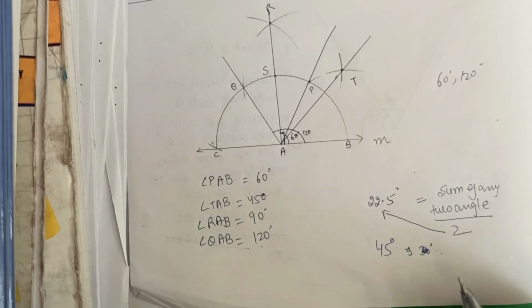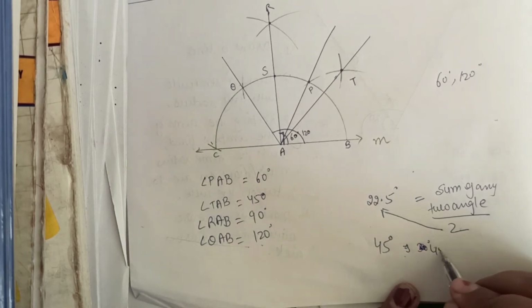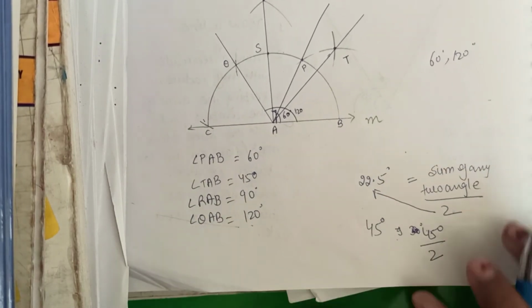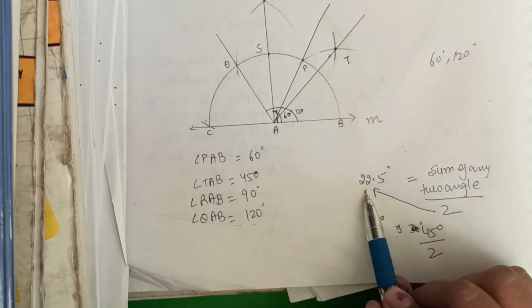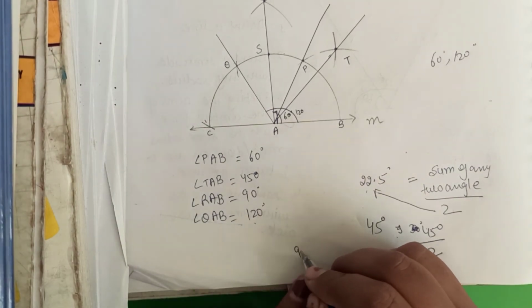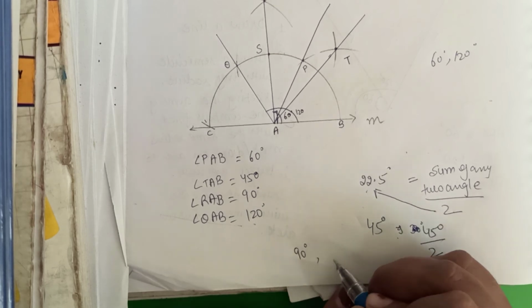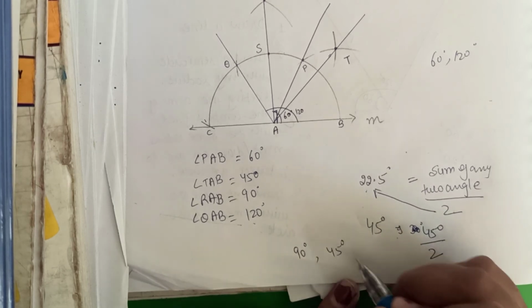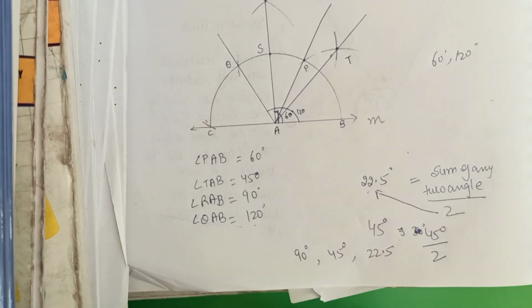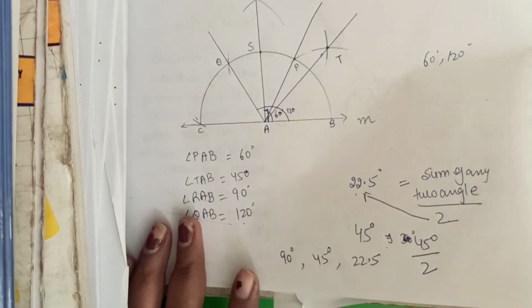It means half of 45 will be 22.5. So firstly I have to draw 90 degree, then 45 degree, and then 22.5. How to draw the angle of 22.5 degree? Let's see that.